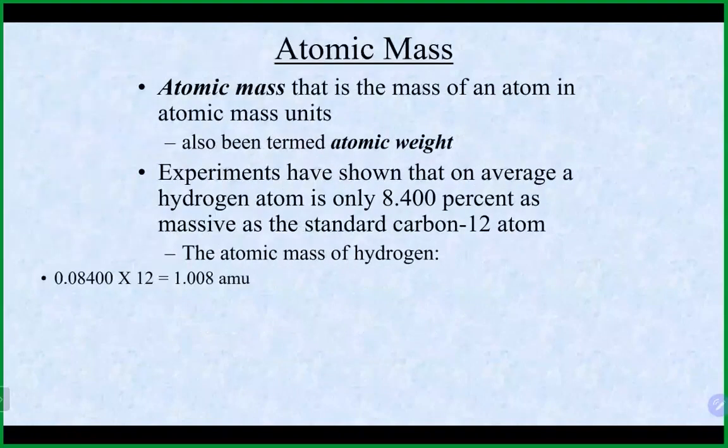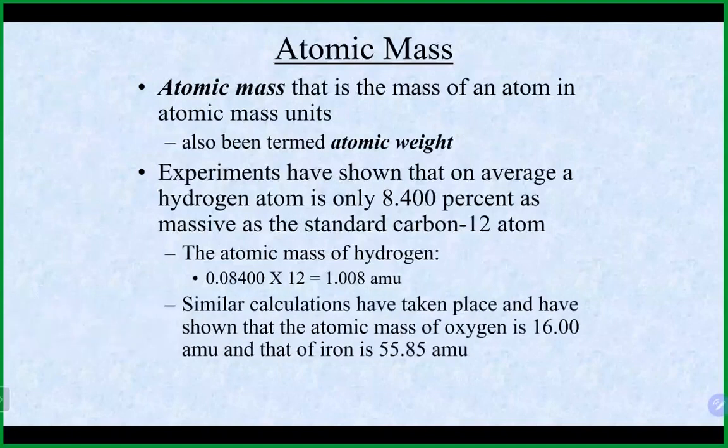For example, hydrogen is about 8.4% as massive as carbon-12, and that is 8.4% converted into a decimal times 12. That gives us an atomic mass for hydrogen of 1.008 AMU, which is what we see on the periodic table when we look at it.